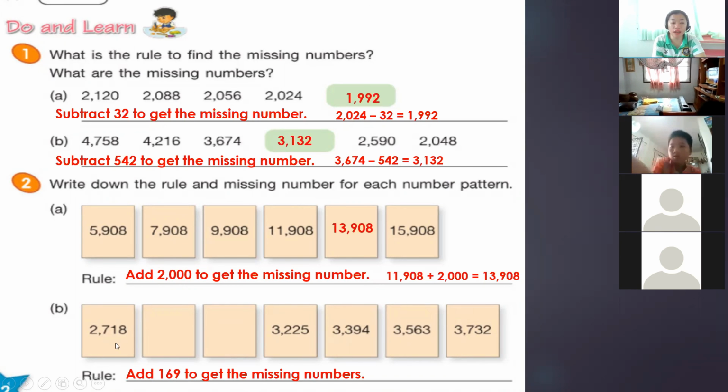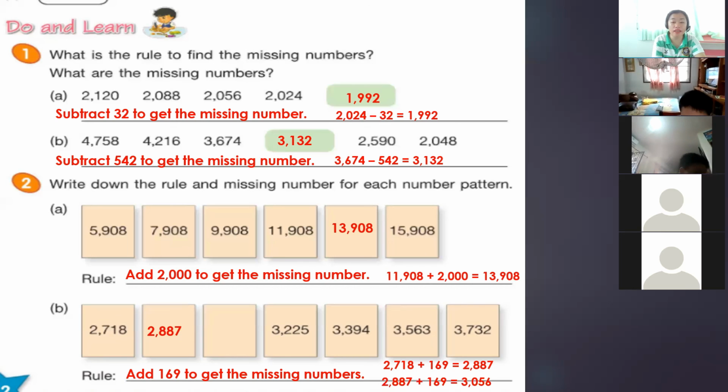So 2,718 plus 169 is equal to 2,887. And the next in the pattern, 2,887 plus 169 is equal to 3,056. 3,056 plus 169 is equal to 3,225. 3,225 plus 169 is equal to 3,394. 3,394 plus 169 is equal to 3,563.